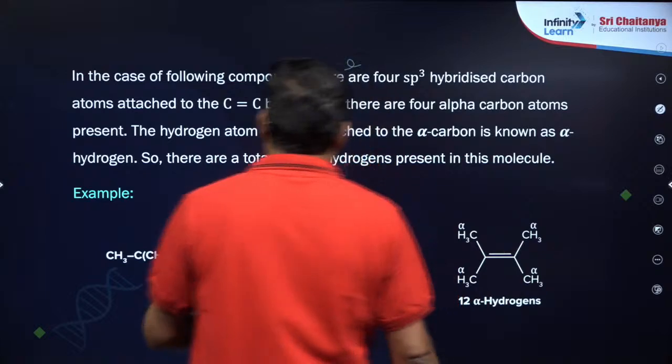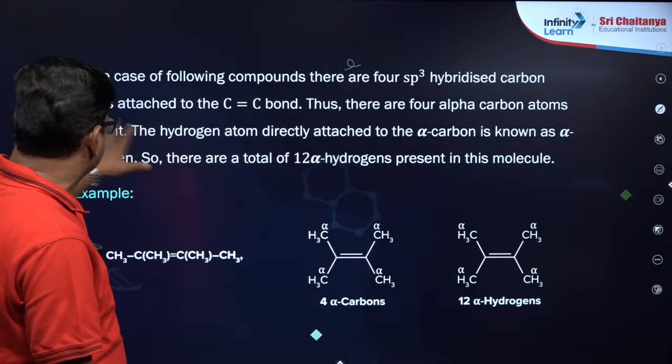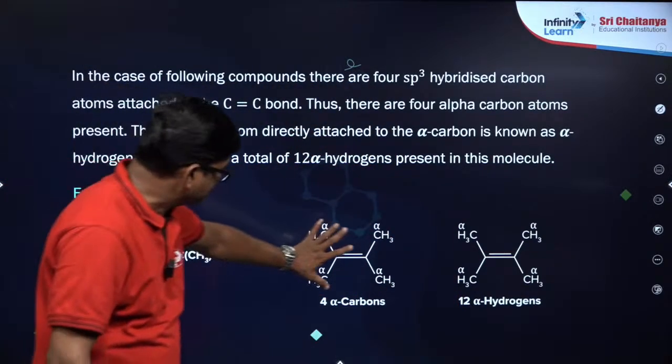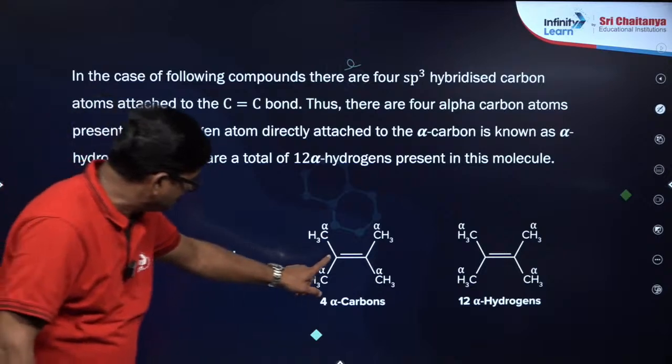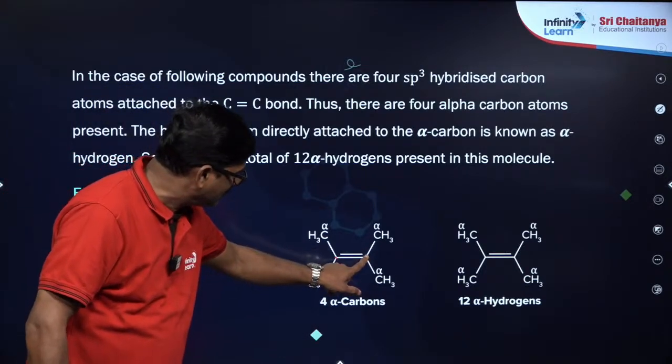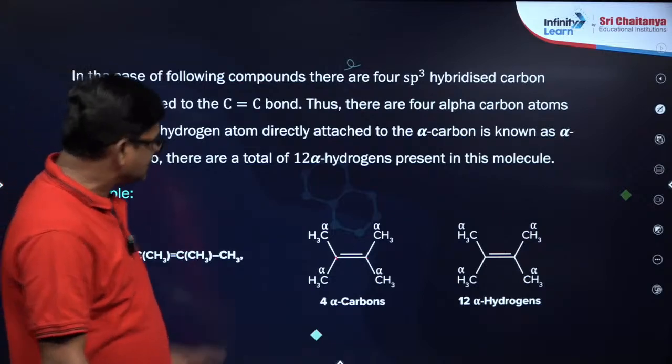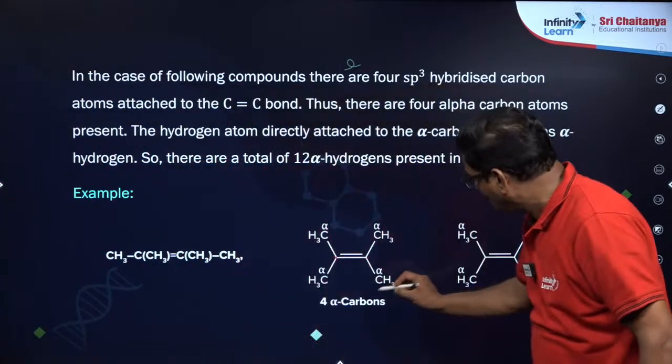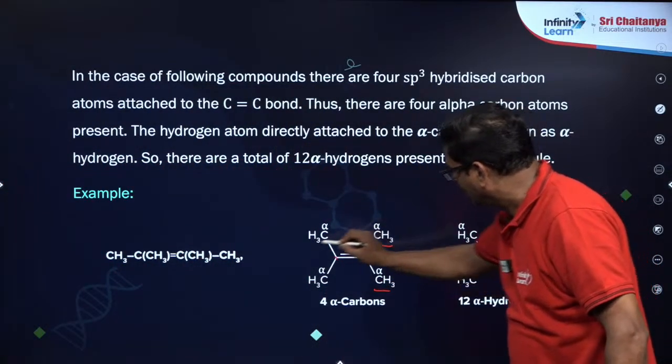In case of the following compounds, there are 4 sp3 hybridized carbon atoms attached to this. Right? This is a carbon with a positive charge. The carbon of alkene is a carbon of alkene, okay? In this carbon of alkene, 4 alpha carbons are there.